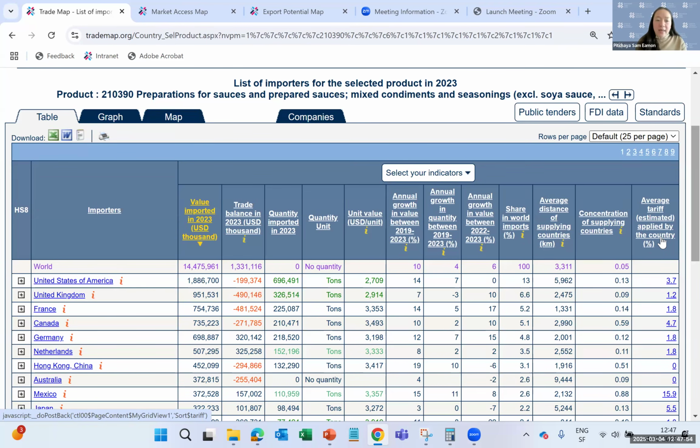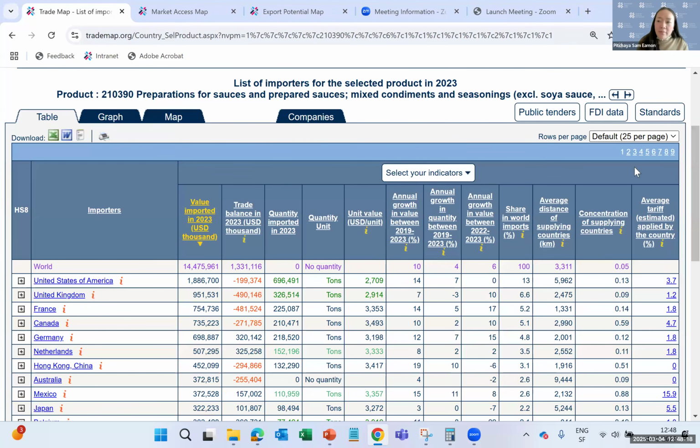The world's biggest market is the United States of America. In 2023, it imported 1.8 billion US dollars worth of prepared sauces, condiments. This is followed by United Kingdom, France, Canada, Germany, Netherlands, Hong Kong, China, Australia, Mexico, etc.